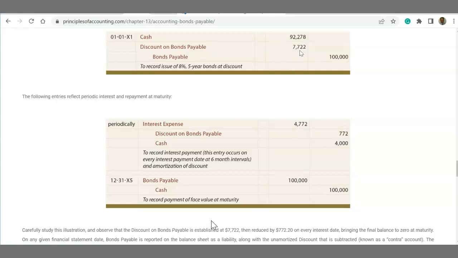So instead of recognizing interest expense at once in here, which is an absolutely bad idea, I'm going to recognize interest expense little by little every 6 months. So instead of 4,000, I will recognize 4,772. And then bonds payable will be closed at the end of 5 years at maturity. Questions, please?